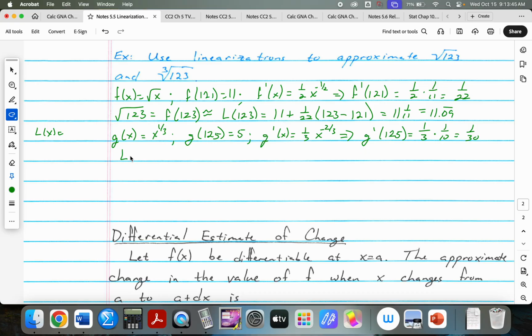So our L of x, I'll take the time to write this one out this time. I should have done that last time. It is 5 plus 1/30 times x minus 125.